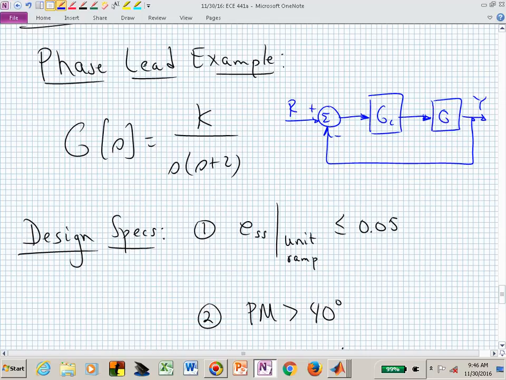Why does it not really matter? Because all you really have to do, once you've sketched the magnitude curve, is slide it up or down depending on what the K actually ends up needing to be. So you could pick a K of 1 and sketch that. And now if you subsequently find out, oh, I need a K of 20, now you just take 20 log of 20, which is what? What's log of 20? What's log of 2? 0.3, isn't it?